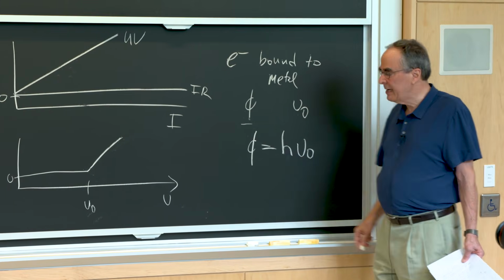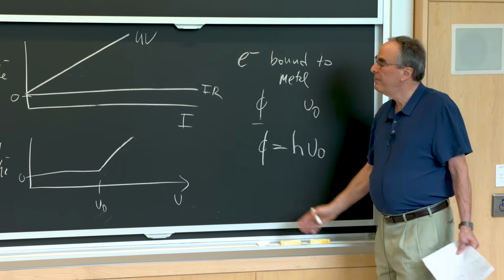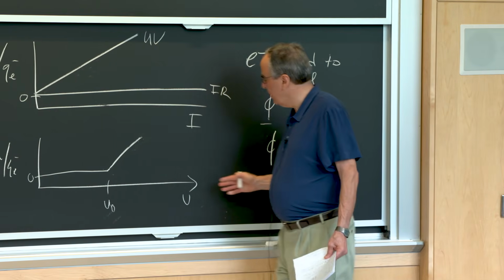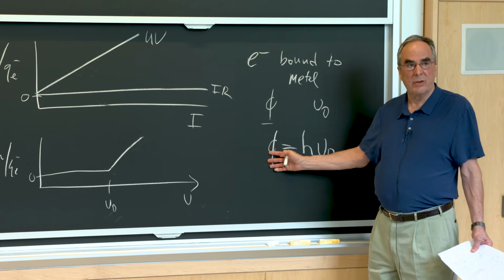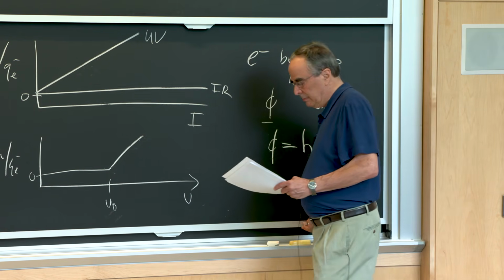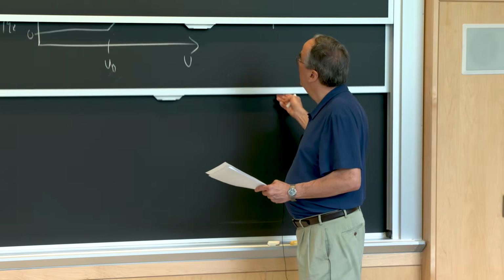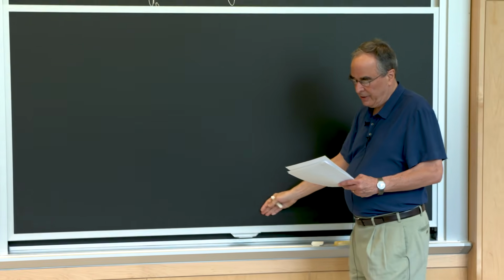And so the onset of ejection of electrons is when the frequency of light is greater than the work function. As I said, every metal has a different work function.